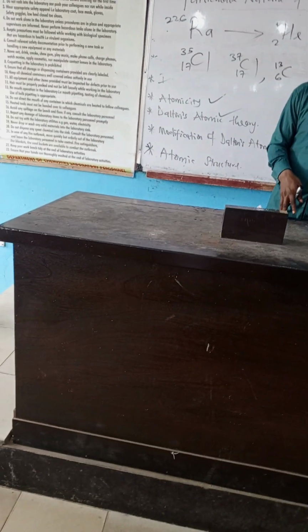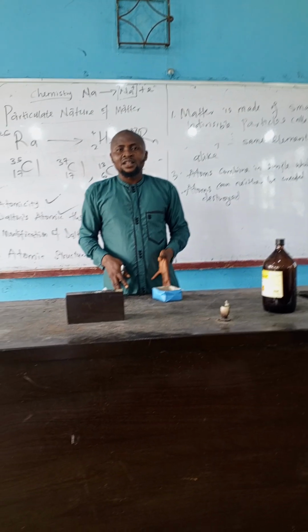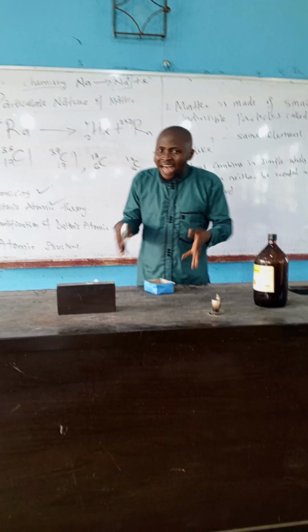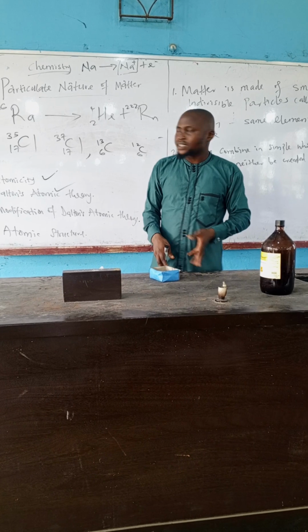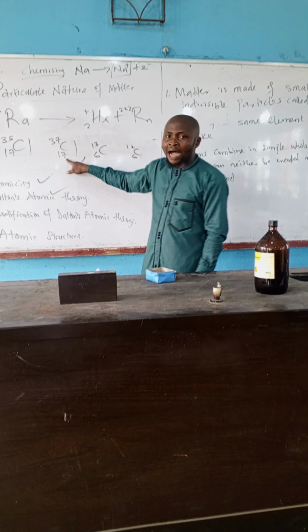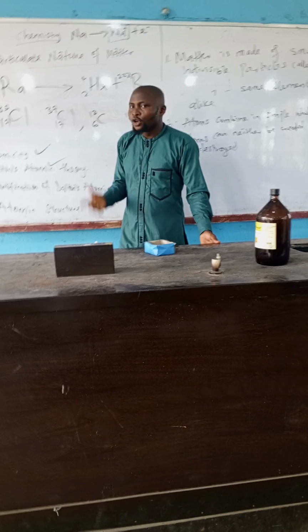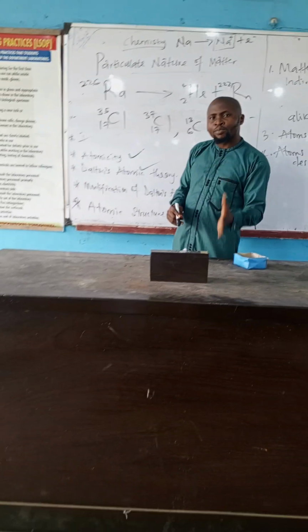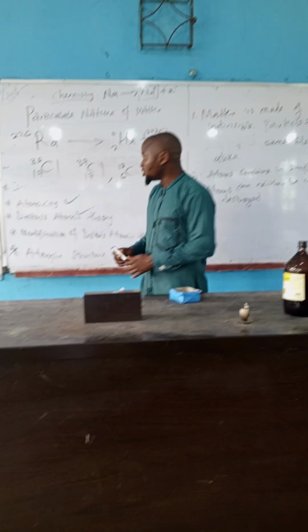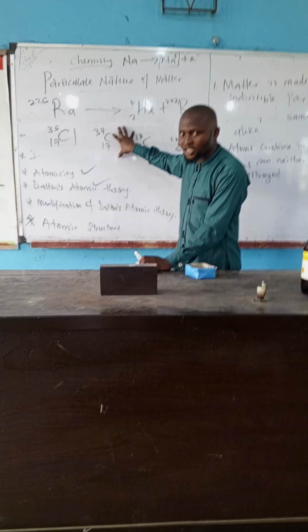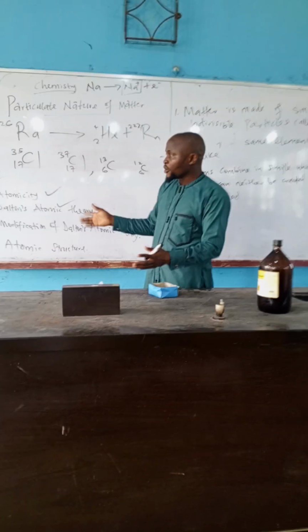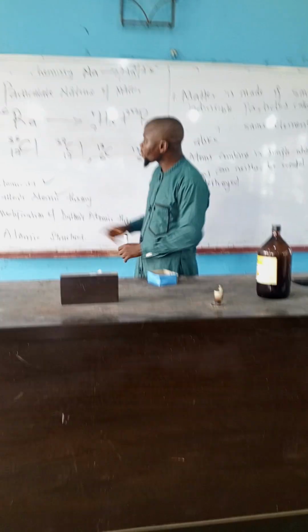Isotopy is the phenomenon, the occurrence, of atoms of the same element having the same atomic number but different mass number. Usually when we come to symbols and valences, I'm going to do justice to this in furtherance of our explanation.